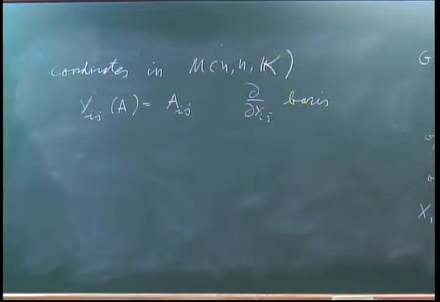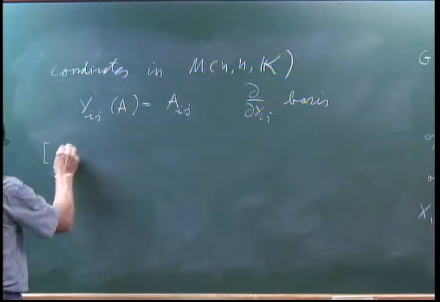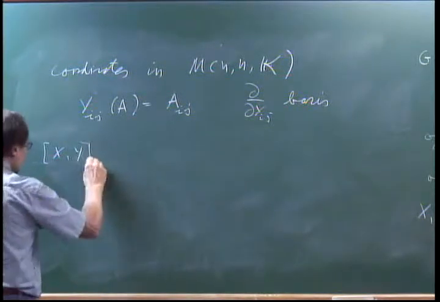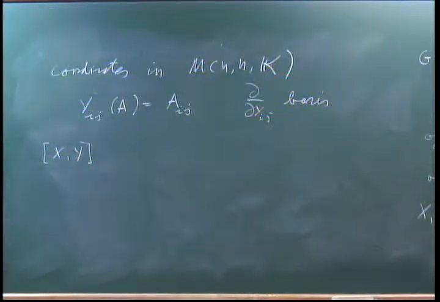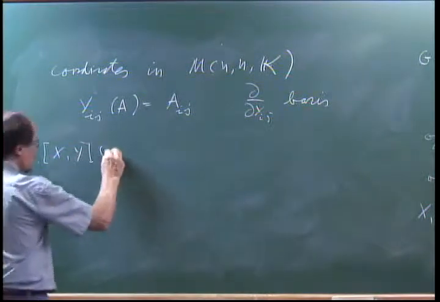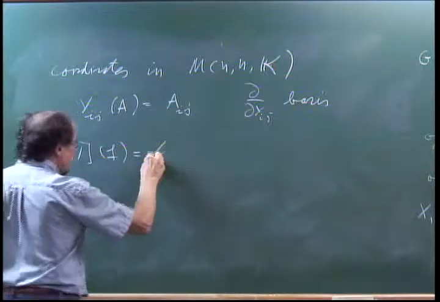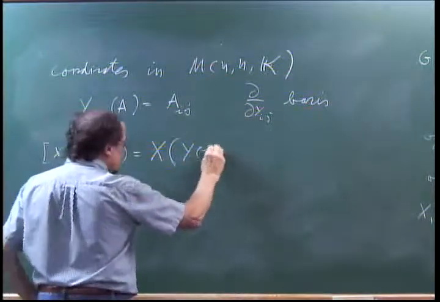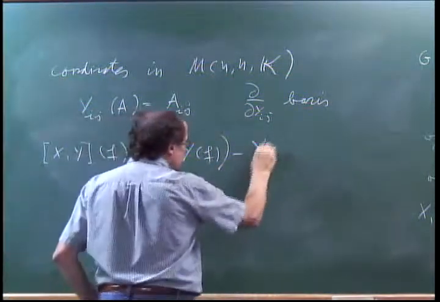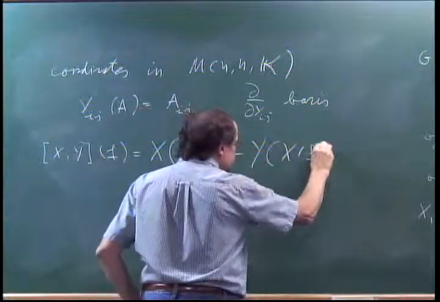So how do I want to compute the Lie bracket? In terms of the definition where I apply to functions, right? If I apply to a function, what is this? This is x applied to y applied to f, that's a function, minus y x applied to f.